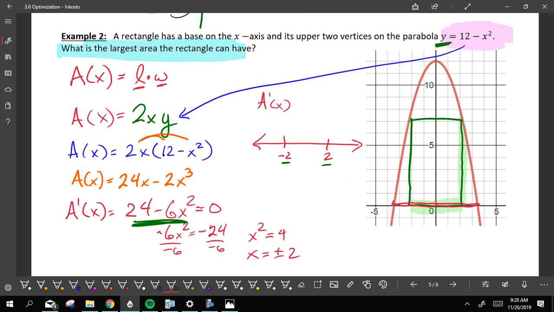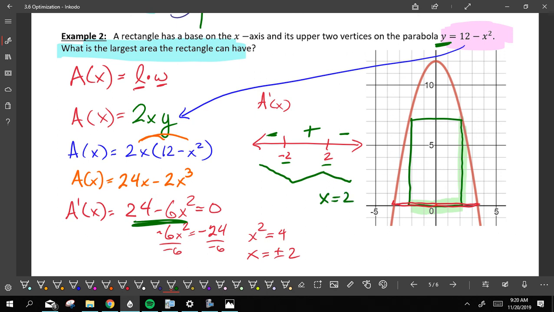A number bigger than 2, like 3, that would be negative. A number a little bit less than negative 2, so like negative 3, that would be negative. We are decreasing, we're increasing, we're decreasing. Where is the maximum going to happen? At 2. And so x equals 2 is part of what we were trying to get to.